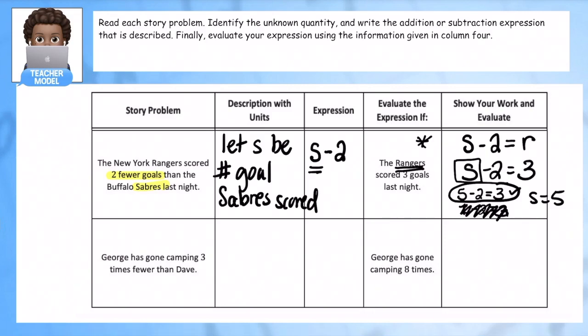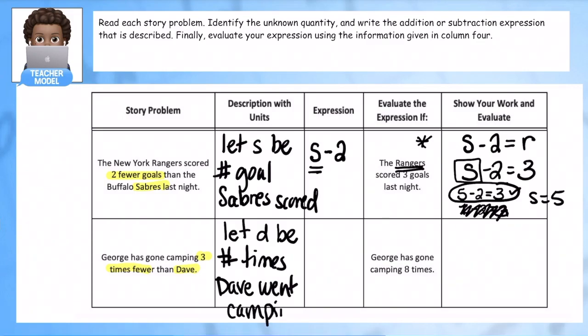Let's try the next one. George has gone camping 3 fewer times than Dave. So we're going to say let D be the number of times Dave went camping. This is why it's so important to define what our variables are. So George has gone 3 fewer than Dave.